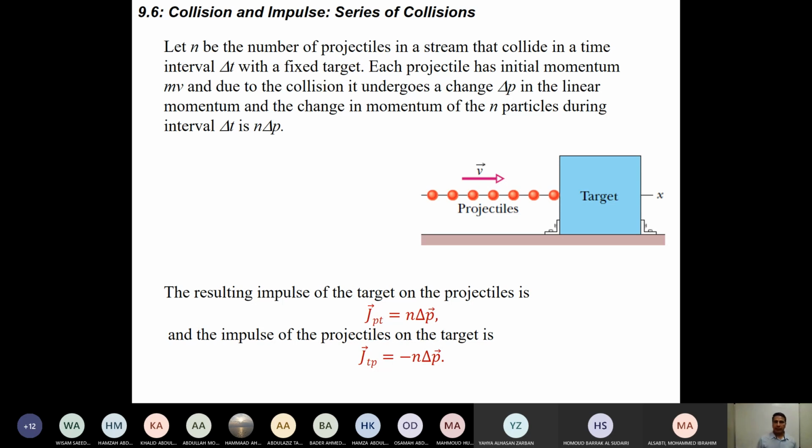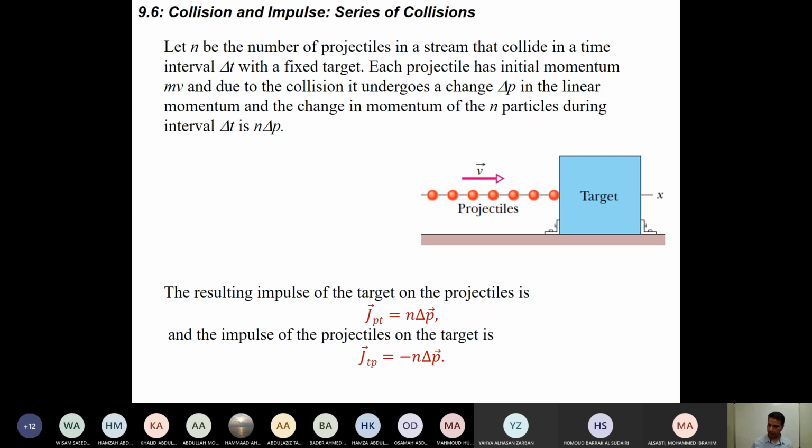So in this diagram, what you are seeing is that there are n number of particles fired towards a target. Suppose all projectiles have the same mass initially, they hit the target and bounce back. During that time, some change in momentum has happened for particle 1, 2, 3, 4, and all particles.